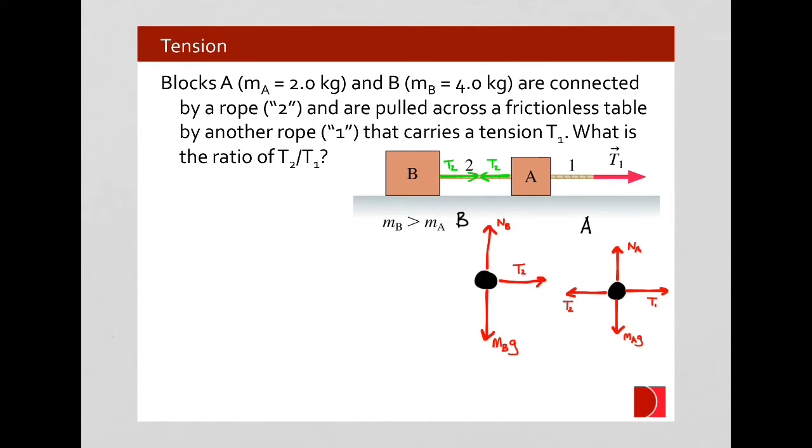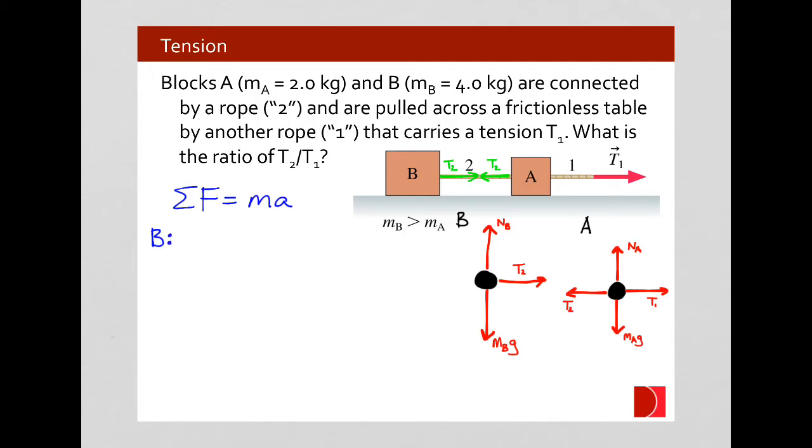And so what we can do, we know that the vertical forces will just cancel each other out if we're following a horizontal path. We won't worry about that. What we are going to look at is Newton's second law, and we're looking only in the x direction.